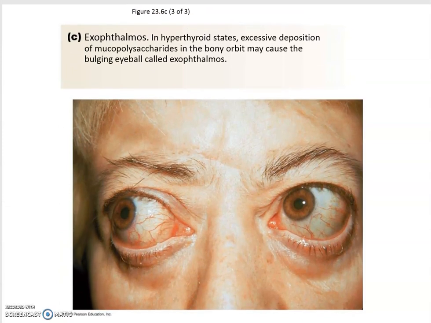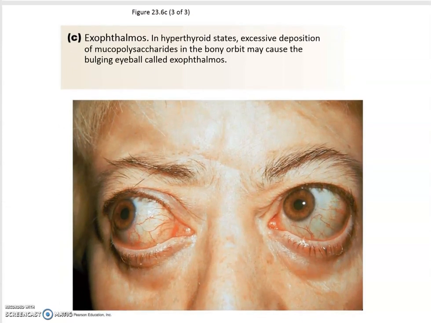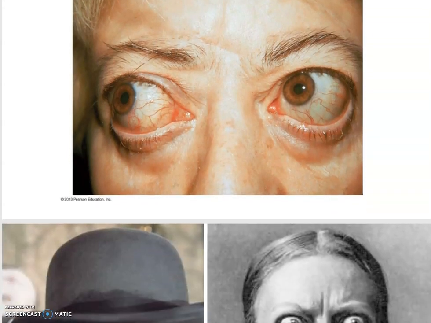One of the biggest signs here for hyperthyroidism is these bulging eyes. It's called exophthalmos. That means you have these excessive deposits of mucopolysaccharides behind the eyes, and they are pushing out the eyeballs basically, and then you have what looks like bulging eyes.